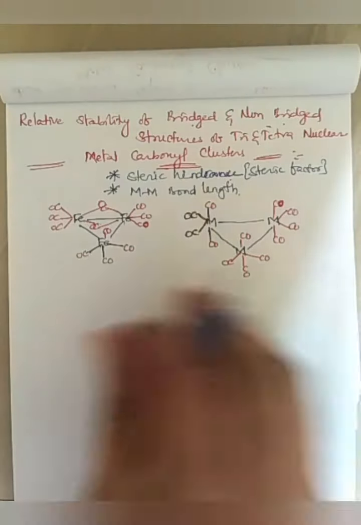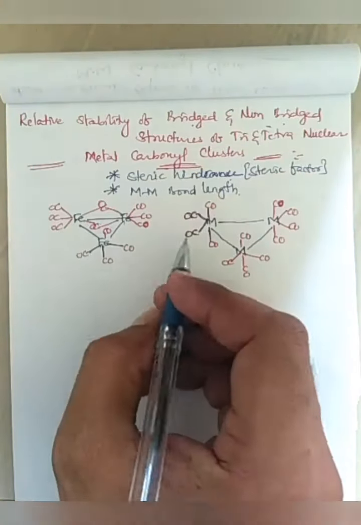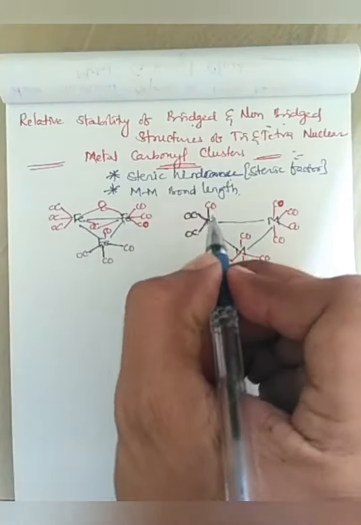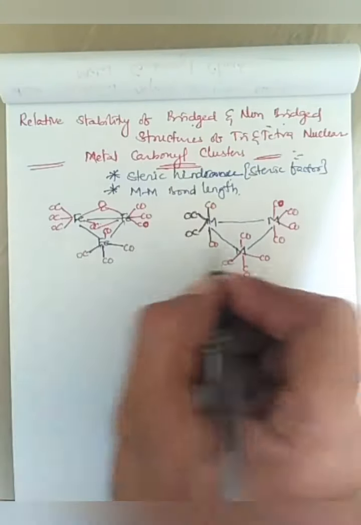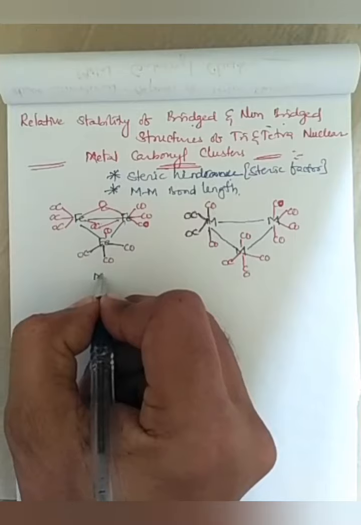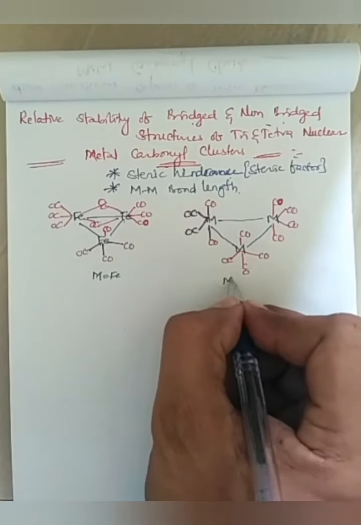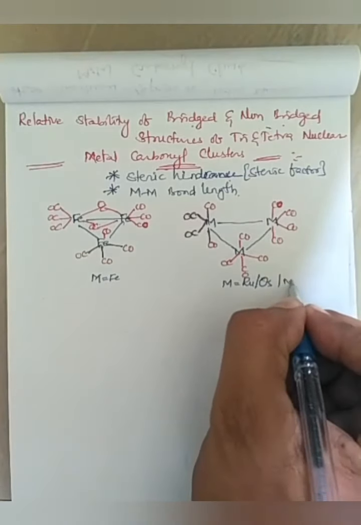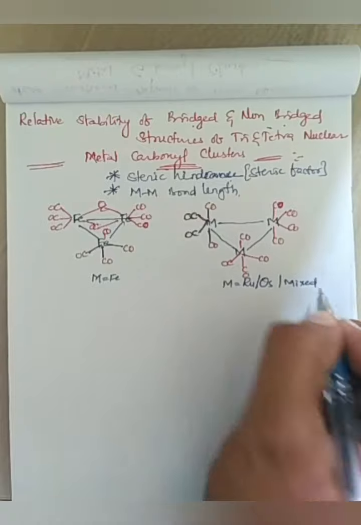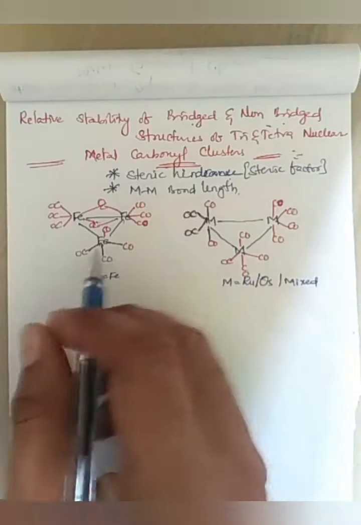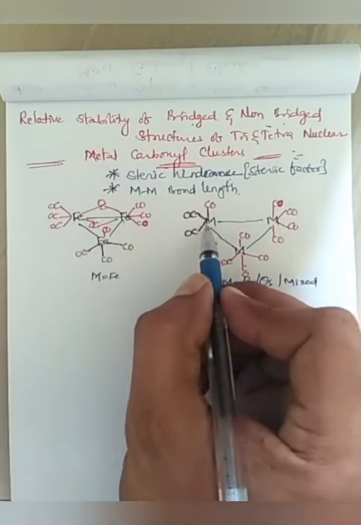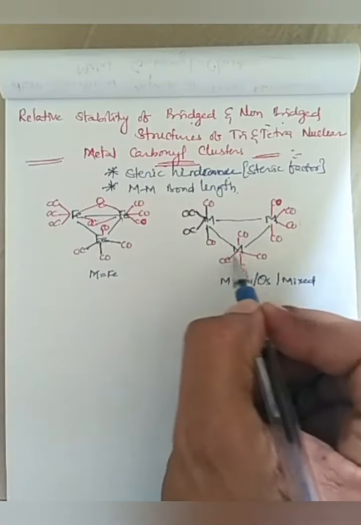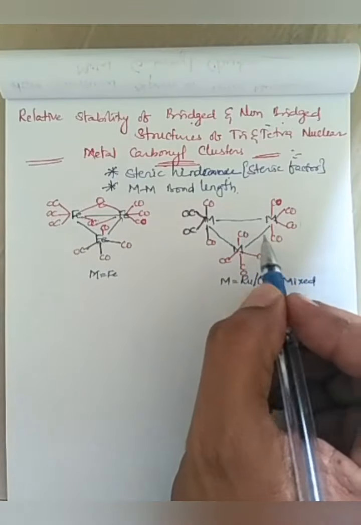When we explain the steric factor here, the variation we see is that the metal is iron here, and here the metals are either ruthenium or osmium or mixed metal. When looking into these two, we can see three parts of the molecule, right?